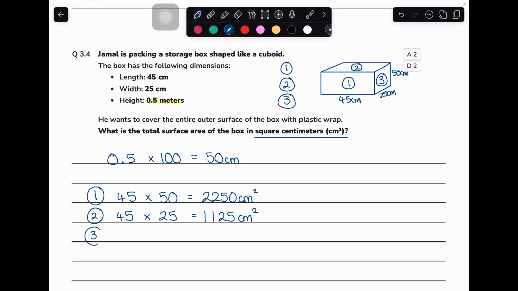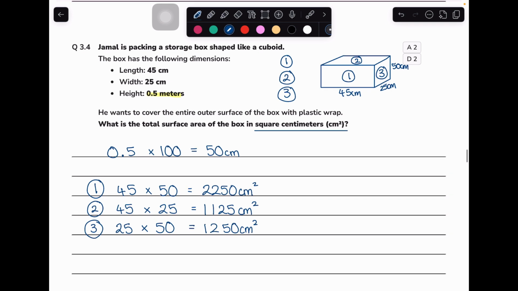And then we have our third side, which would be 25 multiplied by 50. Okay, so again, pop that into your calculator and you will get 1,250 centimeters squared.